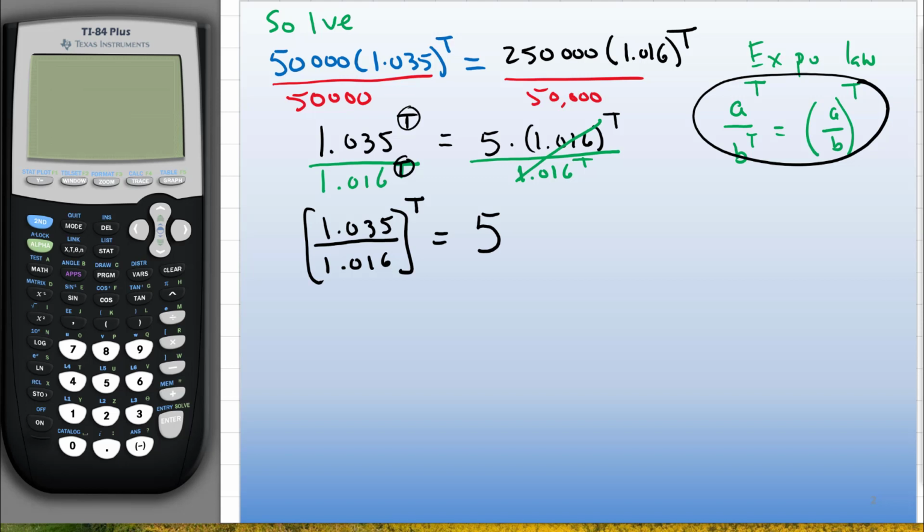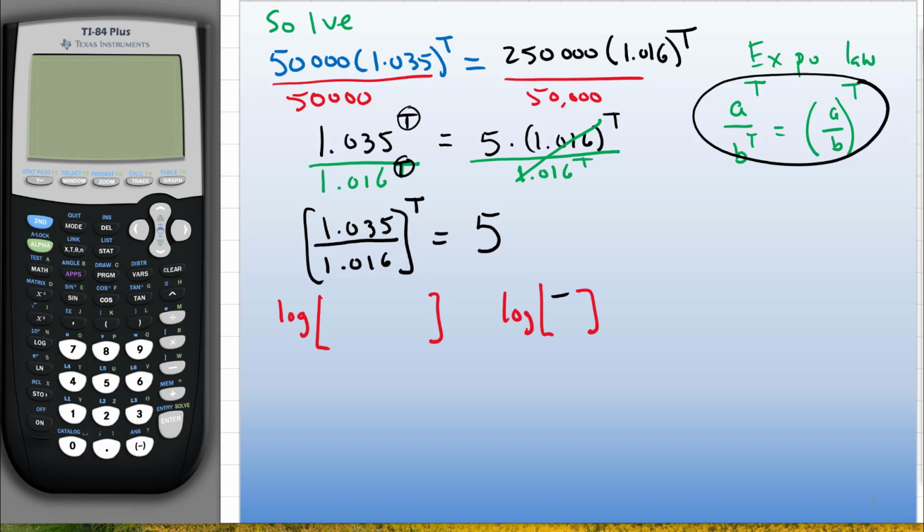Well, that's the same principle of solving an exponential, but we got to this point with a much tighter, smaller equation. I'm going to do a log on both sides. So I can do log on this side and log on the other side.